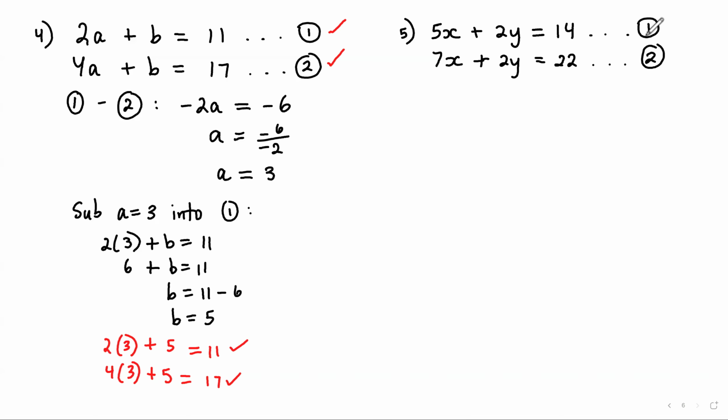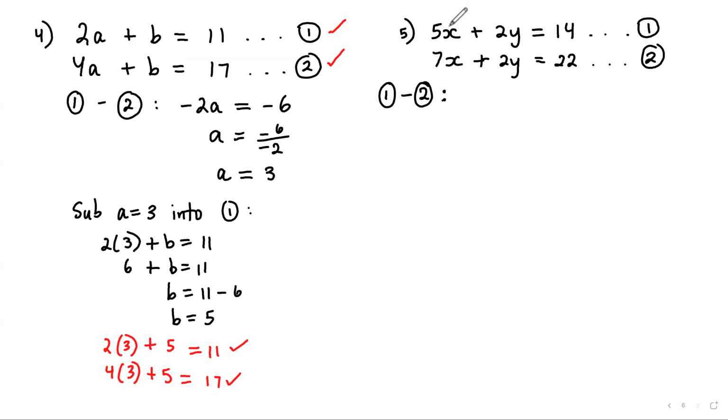All right. So the y's have the same coefficient here, which is 2, and they're both positive. So I subtract equation 1 from 2 or 2 from 1, however you want to do it, right? So I'm just going to subtract it as it's written here. So I'll say 1 take away 2, which means that I'm taking away the corresponding terms.